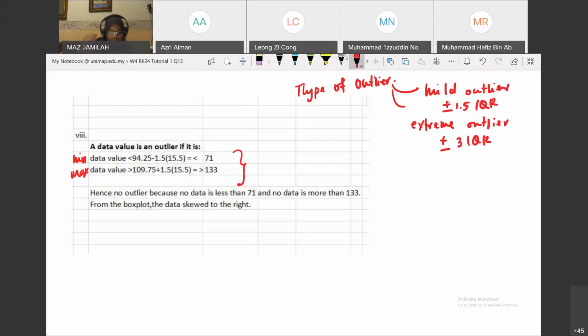So in this case, for this particular sample, we are talking about mild outlier.